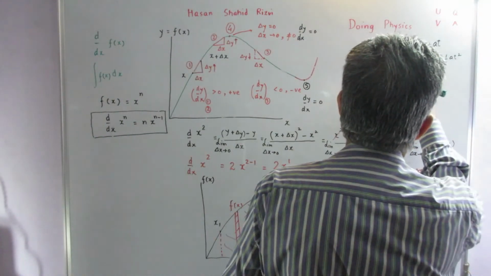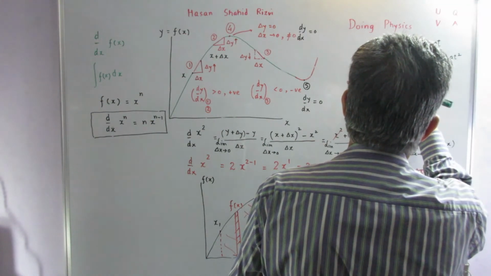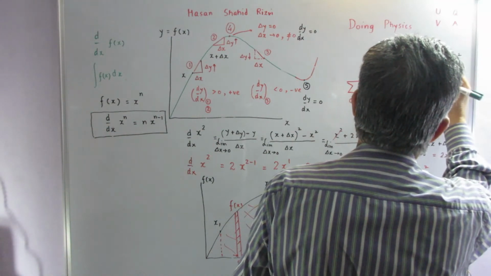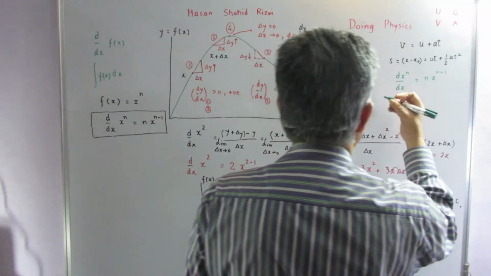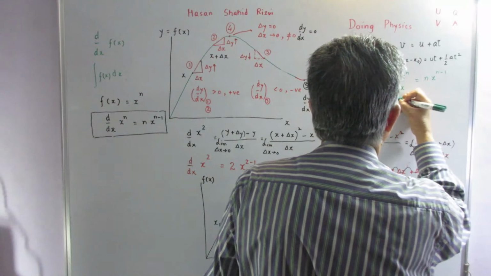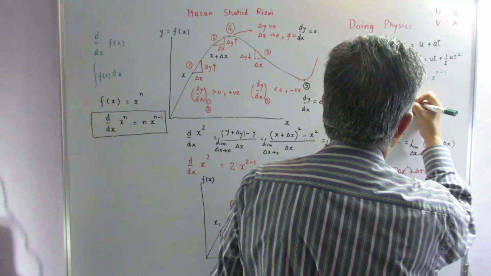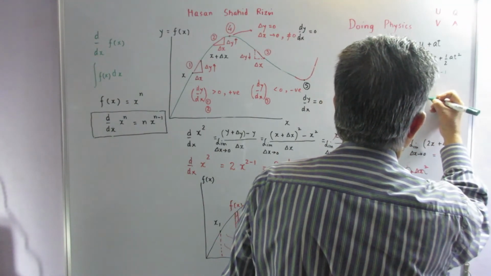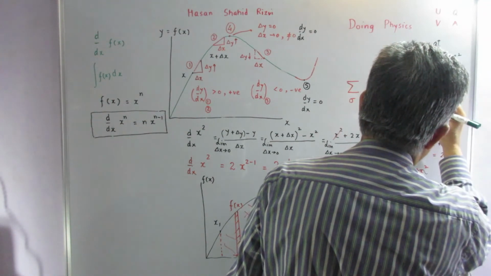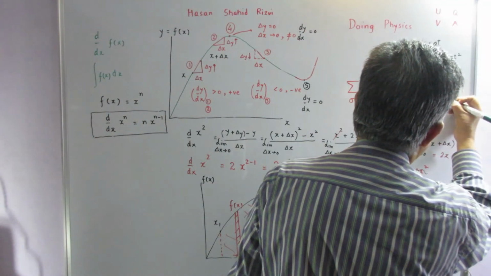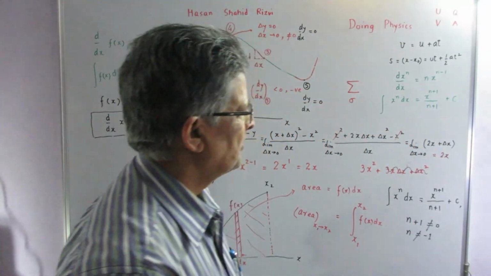So I'll just write: d/dx of x to the power of n is equal to n x to the power of n minus 1, where n can have any value, and the integration of x to the power of n dx is equal to x to the power of n plus 1, divided by the same n plus 1, plus a constant of integration, whose value we will obtain from the boundary conditions.